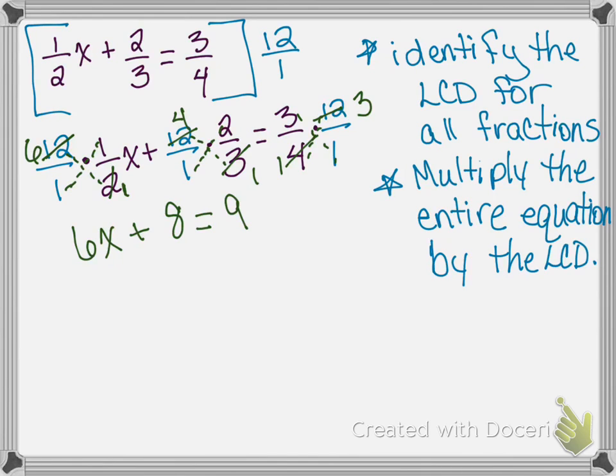If you're not solving for something, if you're just combining like terms with no equal sign, if you're simplifying, then you are going to have to find your common denominator. But if you are solving an equation, then you multiply everything by the LCD. That's how you solve that. Now, go ahead and solve the problem on your paper. 6x plus 8 equals 9.